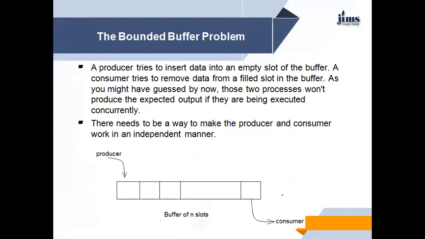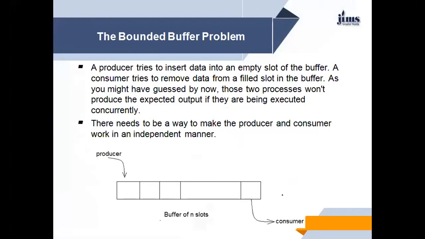The code for the consumer process and the producer process is simple: producer is to produce and consumer is to consume. Note the symmetry between the producer and the consumer.